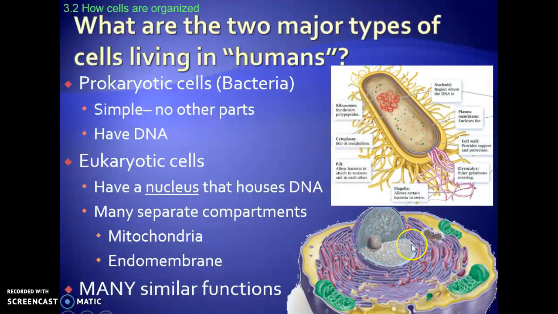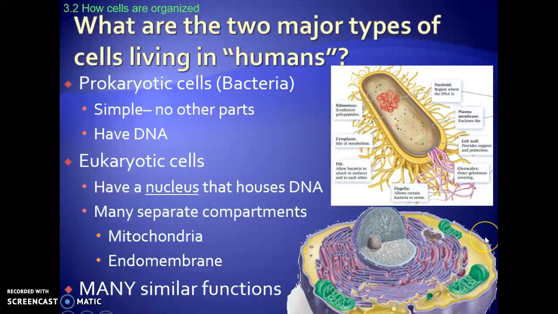These cells have a nucleus, which you see right here. That's where the DNA is contained, and there are different separate compartments, such as mitochondria, these green guys, and endomembrane, all of this stuff around here.